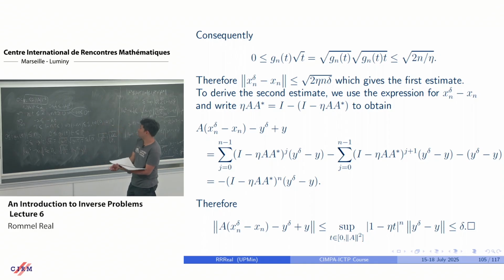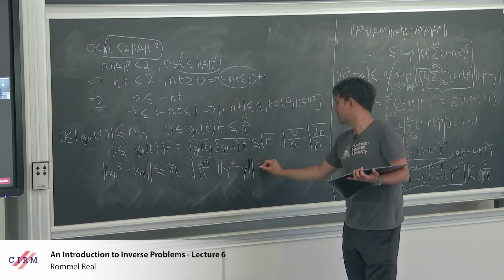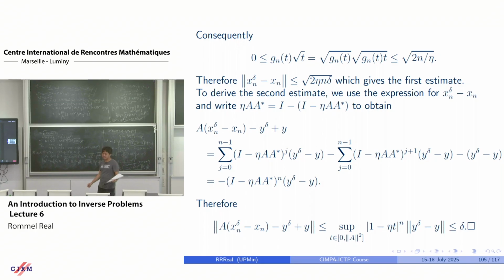Simplify that and you will get square root of 2 times n times eta times the norm of y delta minus y. And that actually gives the first estimate, because we can write this in our desired form.